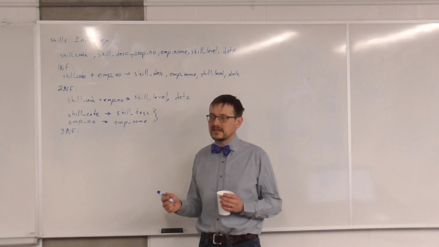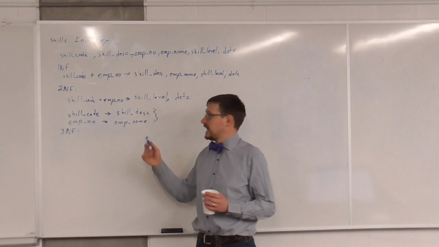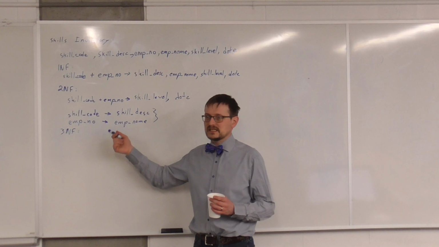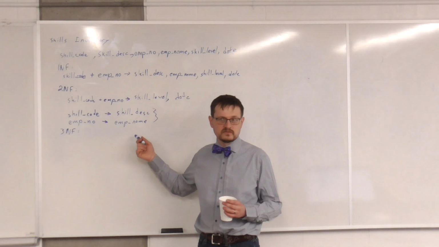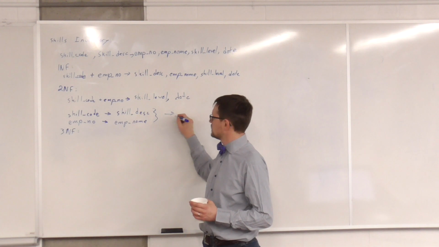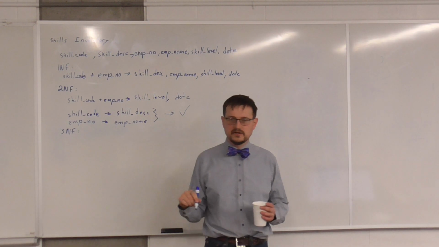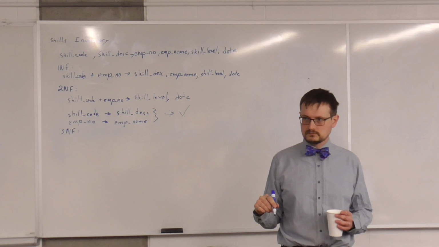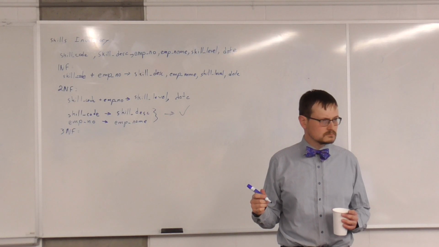In order to have an attribute dependent on a non-key attribute, there have to be at least two of them, right? So these ones are good. They are unaltered in the third normal form. Does that make sense? Right.